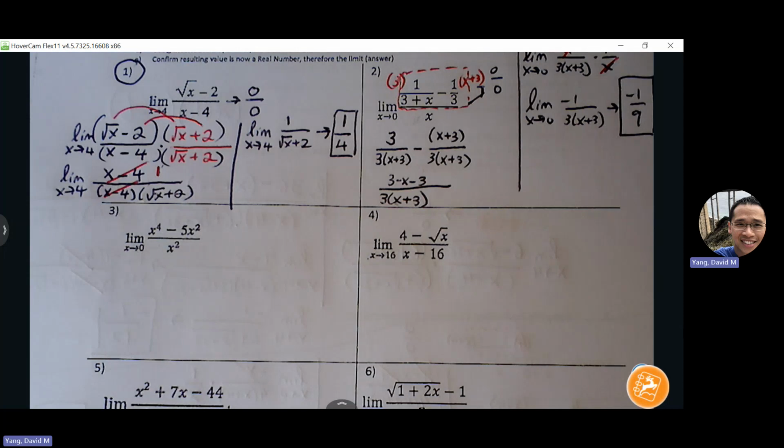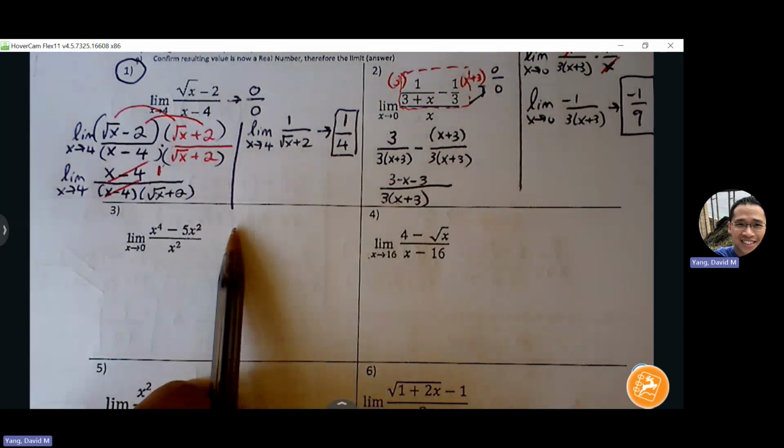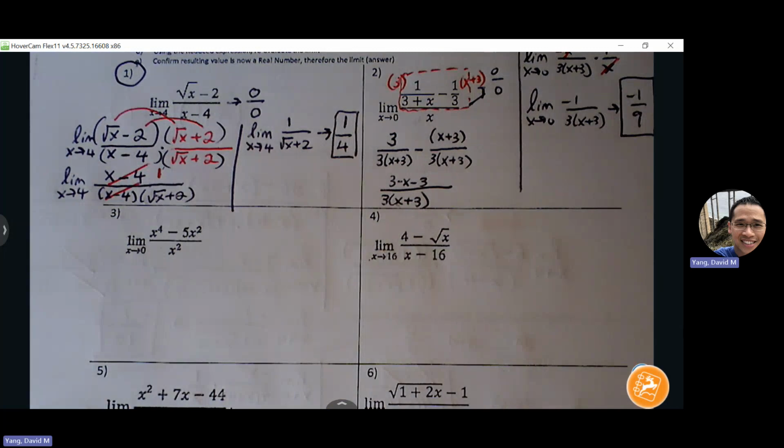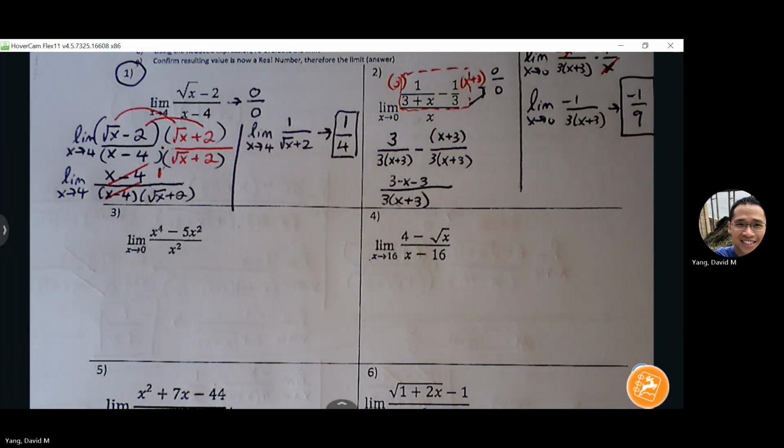You can do the calculations in your head, but show me that you are checking and confirming this 0 over 0 before you do anything more. Because if it's a real number, you can stop and say that's your limit. If you get 10 over 0, you can also stop and say the limit doesn't exist. You only have to go through these 3 steps if you're getting a 0 over 0. If there's a hole in the graph, the limit still exists.